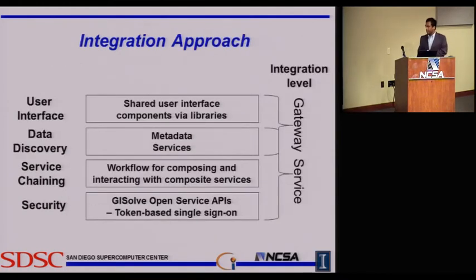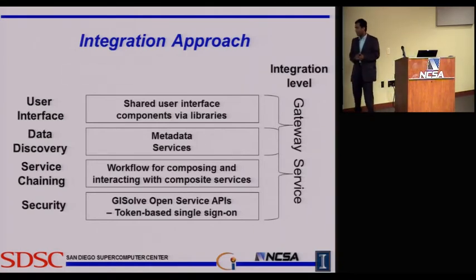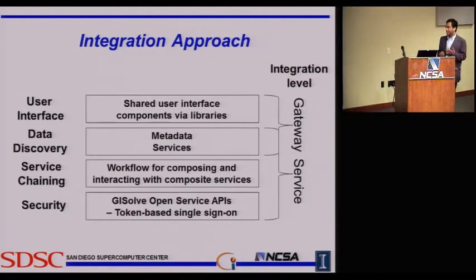So how was the integration approach for each of these? We basically have two levels of integration: the service level integration and the gateway level integration. The service level integration had security, which was enabled by the GISOL Open Service API, and we used a token-based identity service.